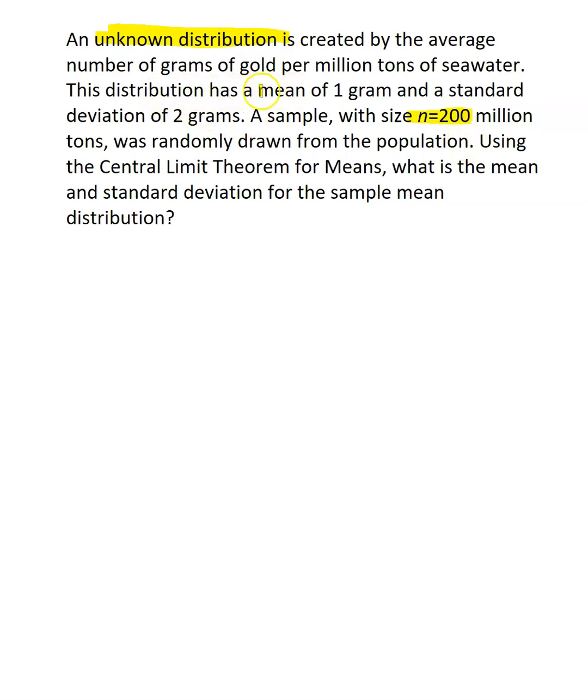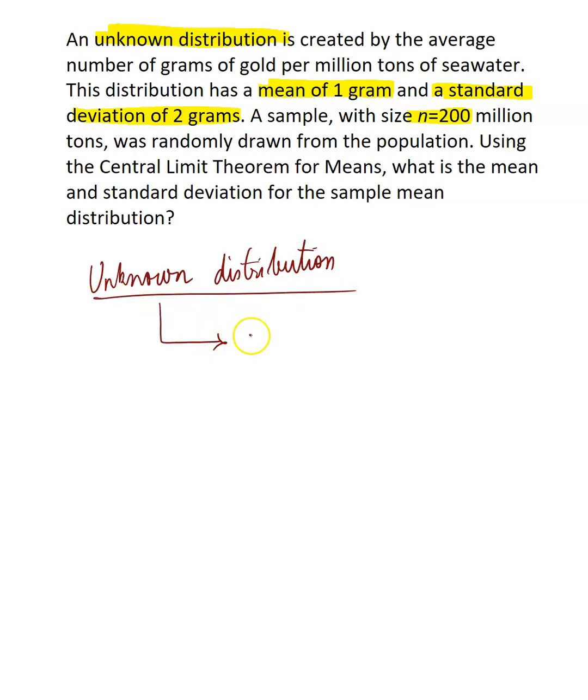The unknown distribution has a mean of 1 gram and a standard deviation of 2 grams. We know that the sample drawn from it was 200. Well, that's 200 million tons, but for the sake of calculations, we'll keep it as 200. And the mean was given to be 1 gram, and the standard deviation is given to be 2 grams.